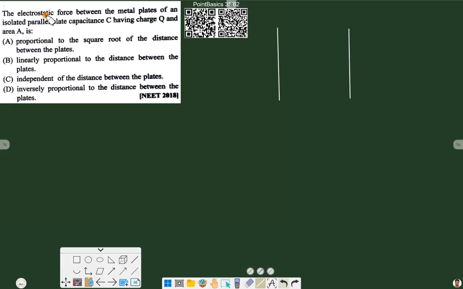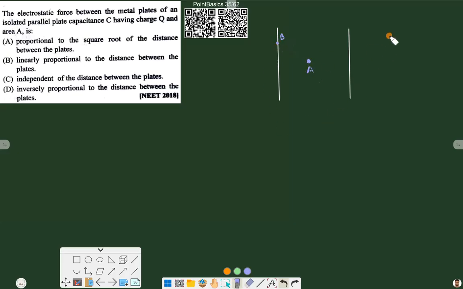Now we are talking here about the electrostatic force between the plates. Note that there is a slight difference between the electrostatic force at some point between the plates and the electrostatic force at a plate. Let me clear what that means. Suppose this is point A between the plates and there is a point B on the plate.